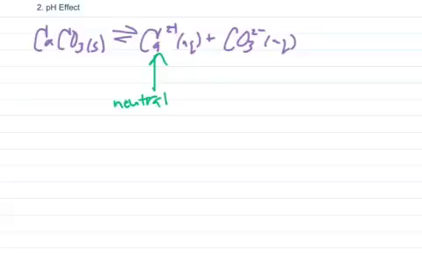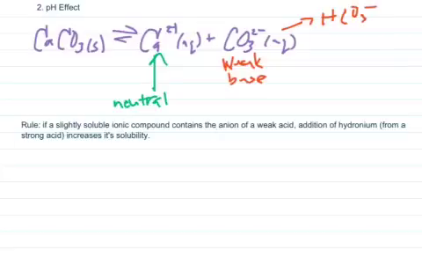Now the carbonate we know is going to be a weak base because it comes from a weak acid, HCO3 minus. So the rule is, if a slightly soluble ionic compound contains the anion of a weak acid, for example carbonate, the addition of hydronium from a strong acid increases its solubility.